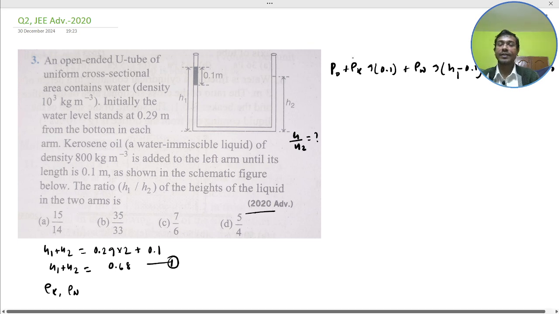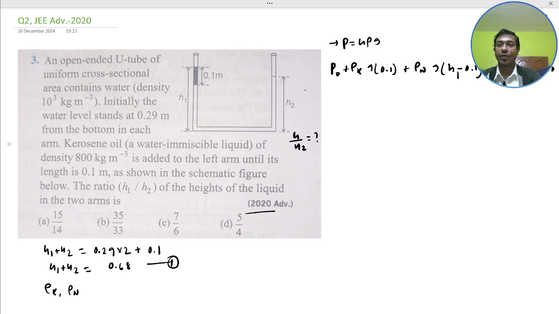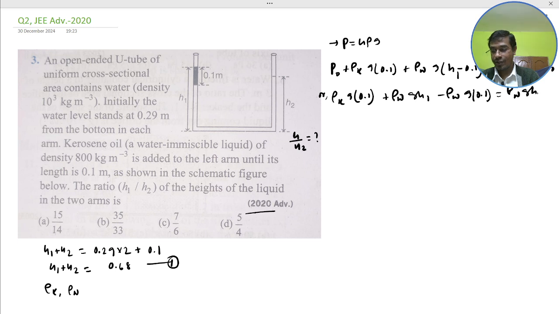Total pressure P equals h rho g, we just apply this formula. So rho K g 0.1 plus rho W g H1 minus rho W g 0.1 is equal to rho W g H2.